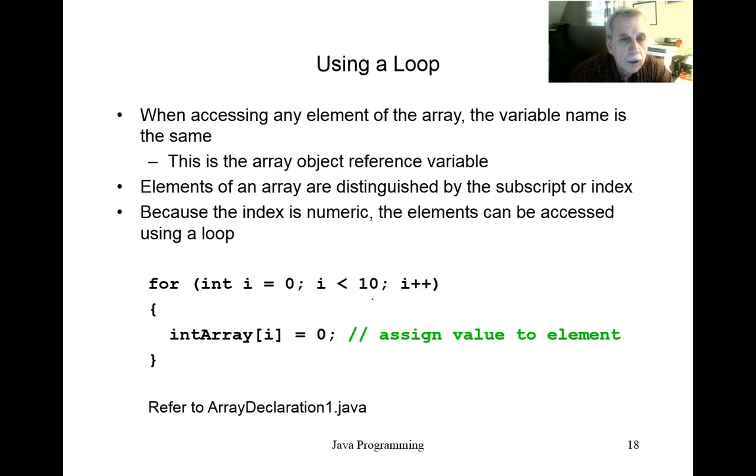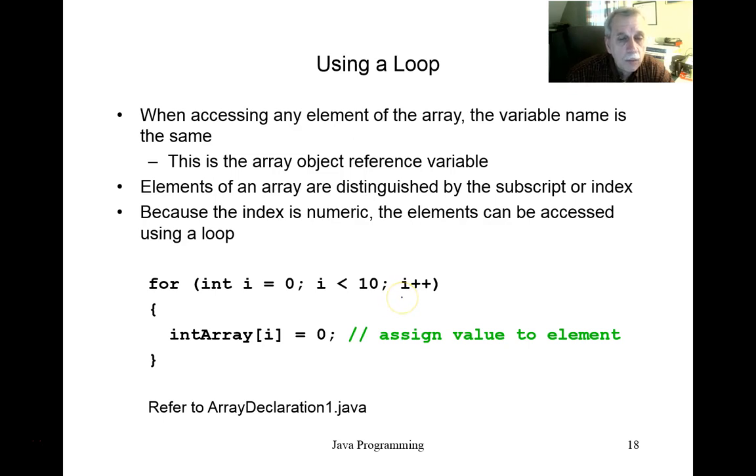Then we stay within the bounds of the array. Remember, the array being zero-based, if it has 10 elements, the highest subscript that will be valid will only be 9. It'll be one less than the length. So we put a relational operator here. As long as i, this variable that represents the subscript, has a value that is less than the number of elements, less than 10 in this case, we'll go into the body of the loop and process another element.